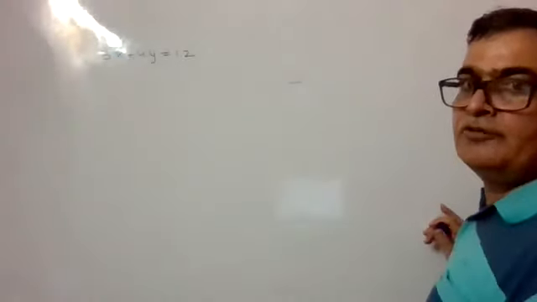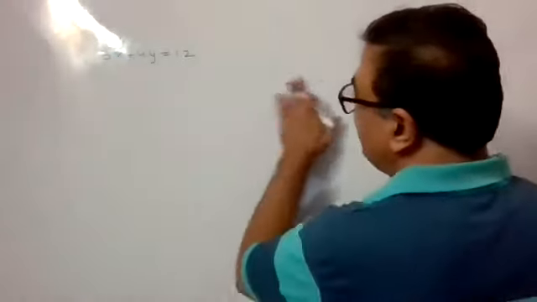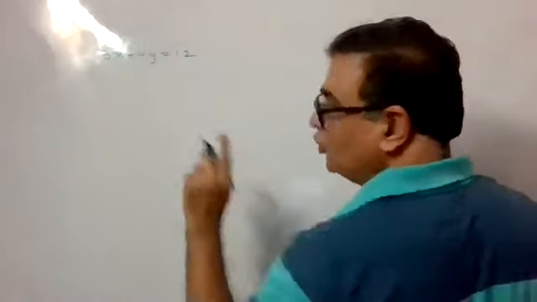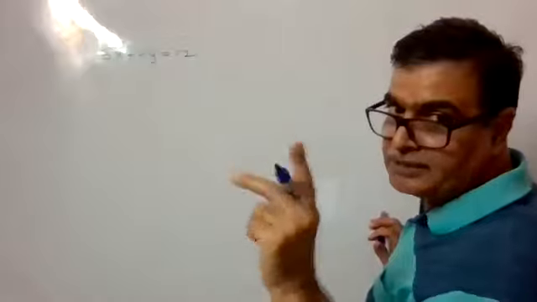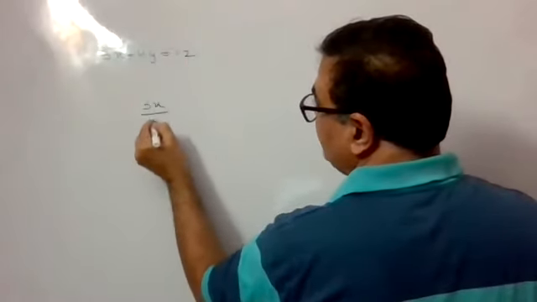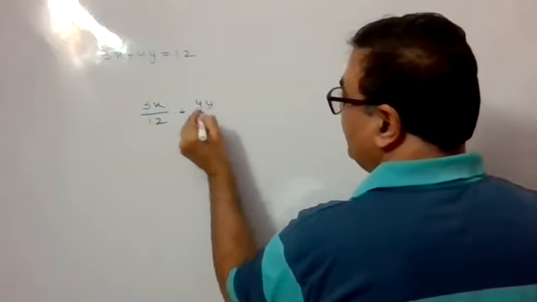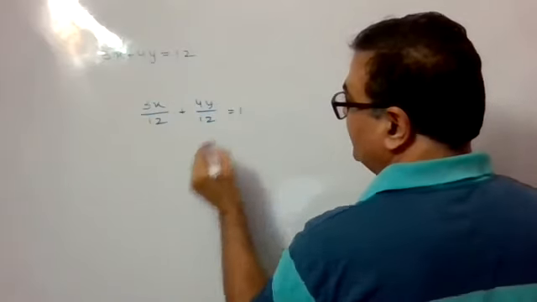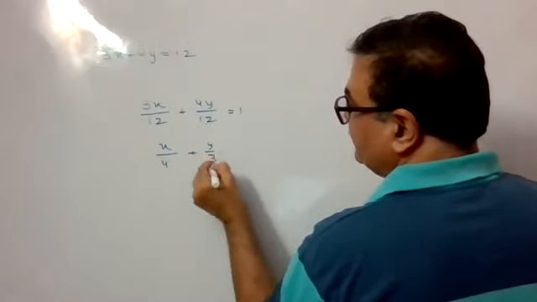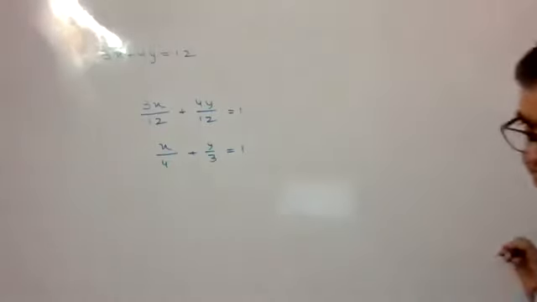This is the question we have. First, find out what intercept it makes. The equation is x by a plus y by b is 1, so here 1 should come. So I write this as 3x by 12 plus 4y by 12 coming 1. That means x by 4 plus y by 3 is coming 1.